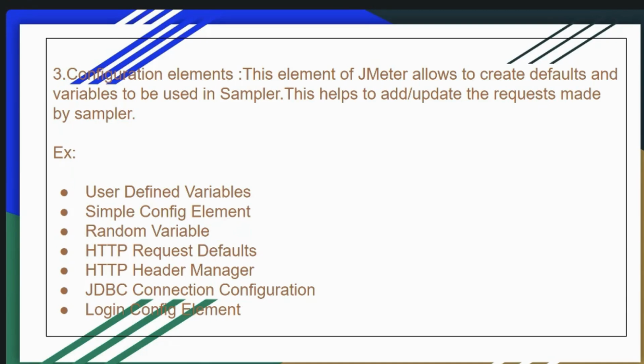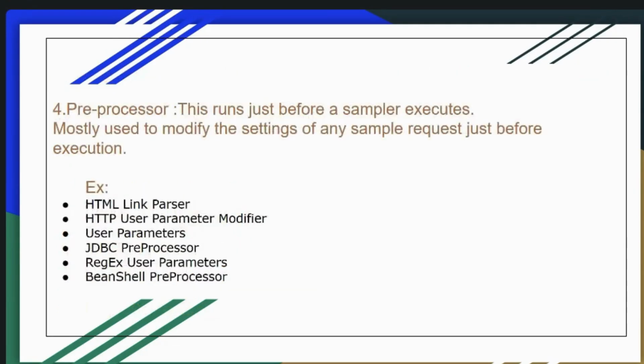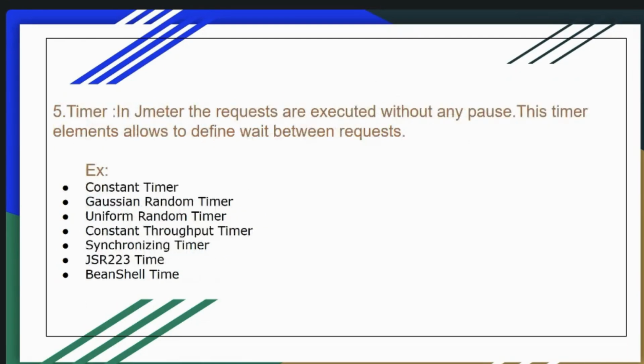Then the preprocessor, which will execute just before the actual execution of the request. It can be a user parameter, it can be an HTML parser, or a regular expression. This is also based on what your lead tells you or what is there in your test plan document. Accordingly, we need to follow.